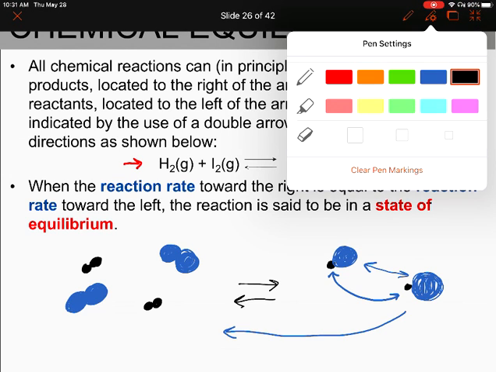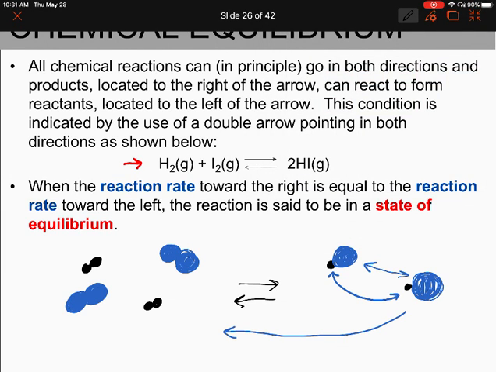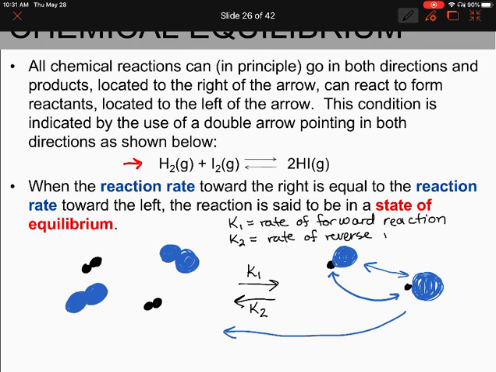So what we can do is we can label the rates of reaction for both. So K1 equals the rate of the forward direction, or the forward reaction, and K2 equals the rate of the reverse reaction, where HI is becoming H2 and I2.